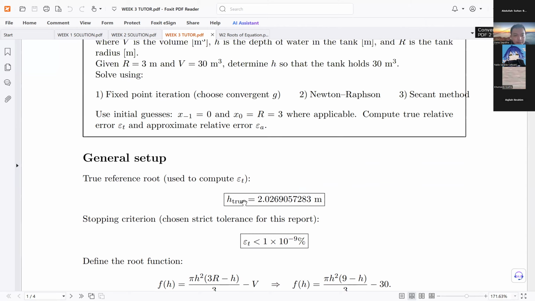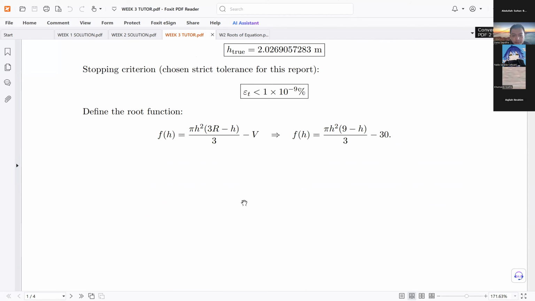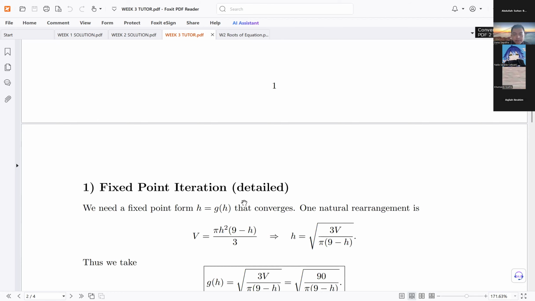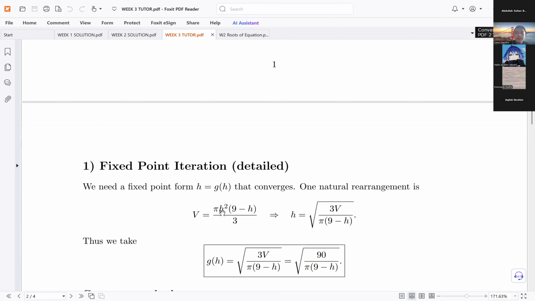And for fixed point, you already know we have to change the formula into h equal to something. This is my formula, and it could be different from another group.